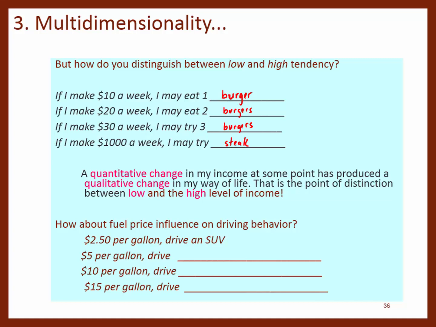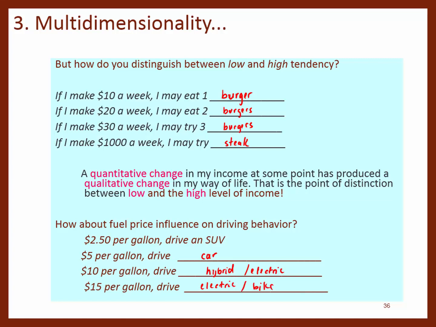Let's say instead of driving an SUV, you might purchase a smaller car now. At $10 a gallon, you might be thinking about a hybrid or electric car. At $15 per gallon, electric or maybe a bike, right?